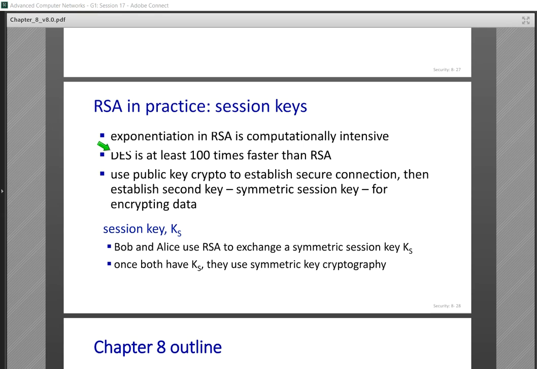So simply, you can send session keys for other main information using this strategy. Okay? And after that, we can start to send information directly using a symmetric key. Okay?